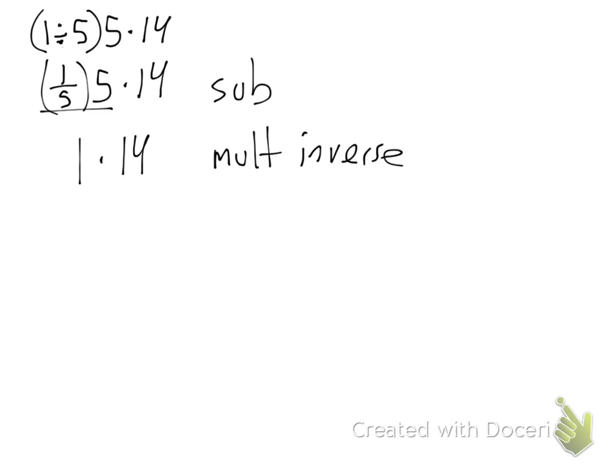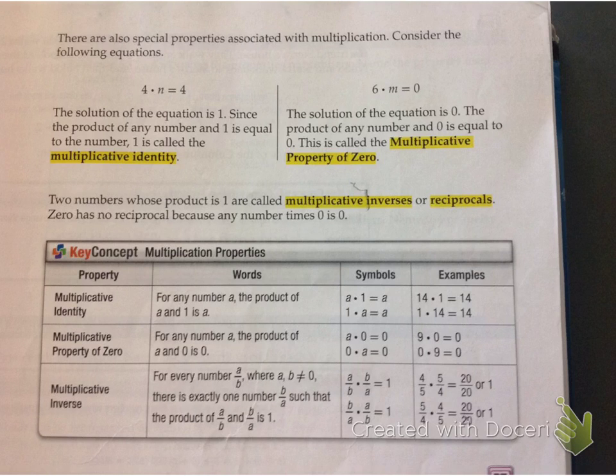And then, what's 1 times 14? 1 times 14 is 14. That is the multiplication identity, because 1 times a number is its own number. And that comes from this one: multiplication identity, where you multiply anything by 1, it's its own number.